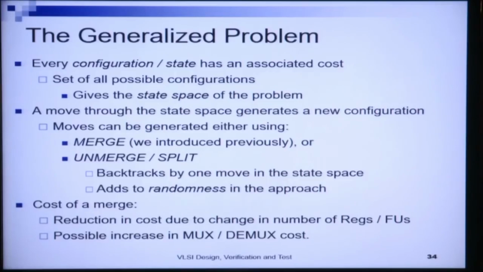That means that for this configuration with this merging of the different operation nodes and the different register nodes, I will have an associated cost in terms of the functional units required to allocate them, the actual allocations that I have made on the operations, the actual hardware registers that I have used to implement the temporary variables, and the number of muxes and demuxes that I will require for this. Now what is the cost of a merge?